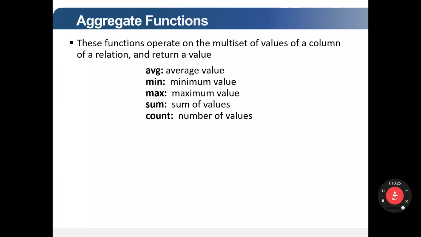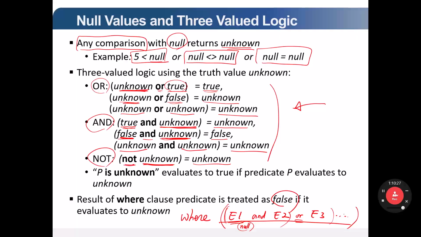Question? Professor, what's the motivation for this, like, to treat the null as unknown? Because it doesn't feel natural, because in most programming languages we get an error if we try to do any of those manipulations, right? But what was the motivation for the developers of DBMS to treat it differently than in other languages? Motivation.